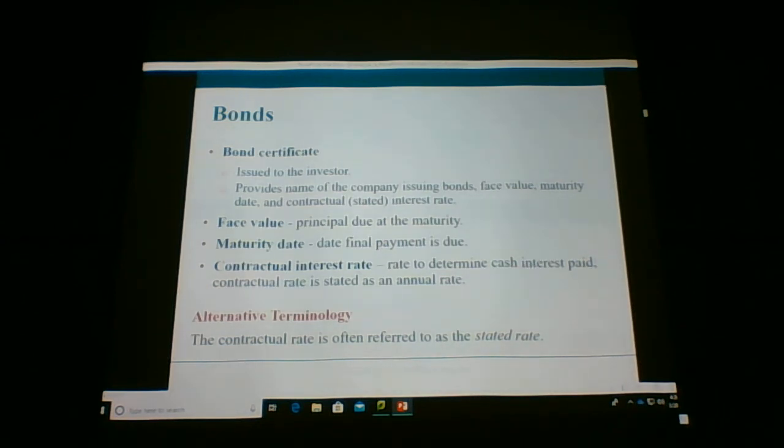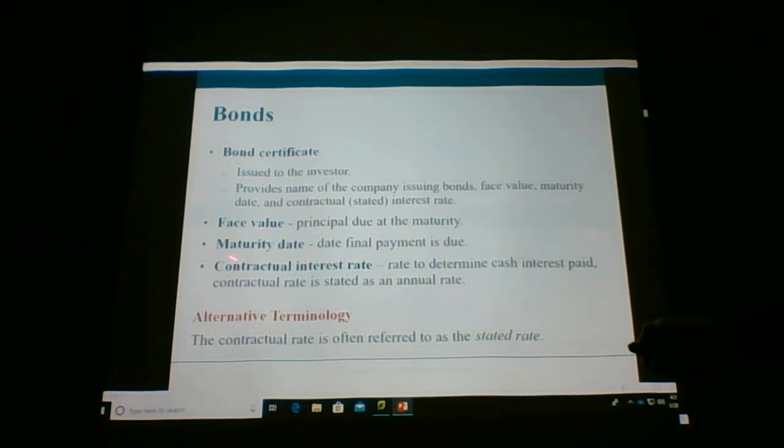Okay? So let's get into a little bit of terminology before we move on. It says here, face value is the amount due at maturity. So if you have a $1,000 bond at maturity, you are owed your $1,000 back. It would be very, very similar to the principal amount of a loan.